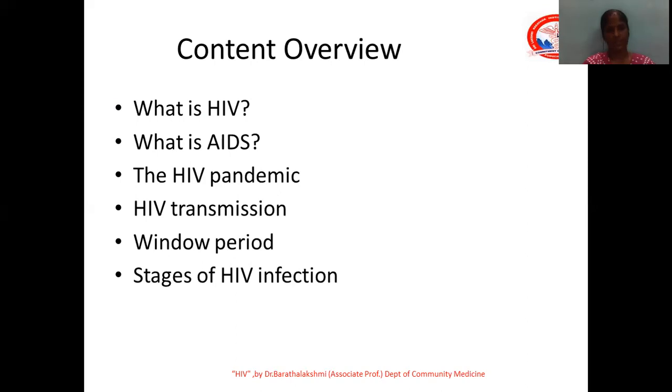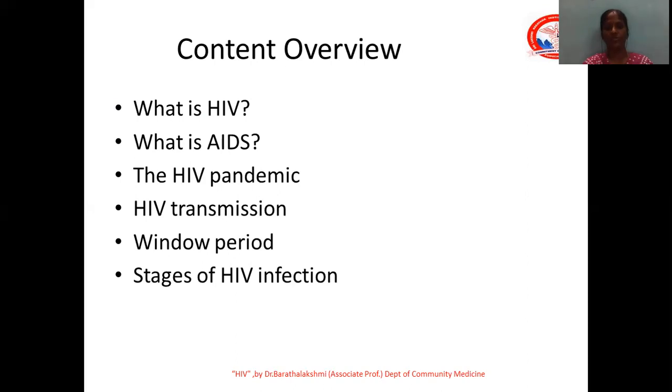Then we'll discuss the routes of transmission of this virus, that is, through what routes it gets transmitted from one person to another. Next is the window period. You would be aware of the term incubation period, and let us know about the window period in HIV, which is important for HIV infection.